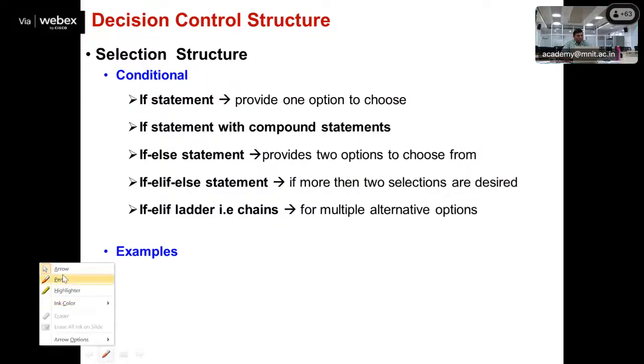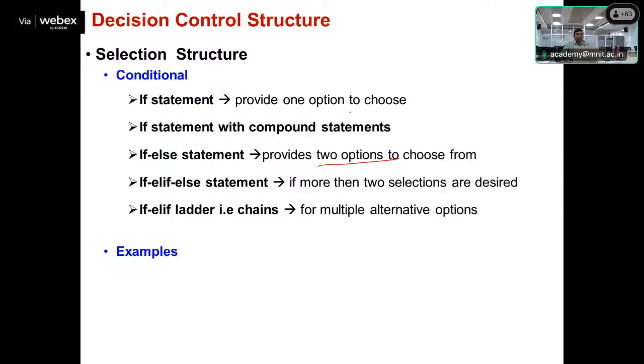One is the if statement, which provides only one option to choose from. Sometimes we are required to take a decision out of two options, to decide which option needs to be performed. Then we have to apply the if else statement.